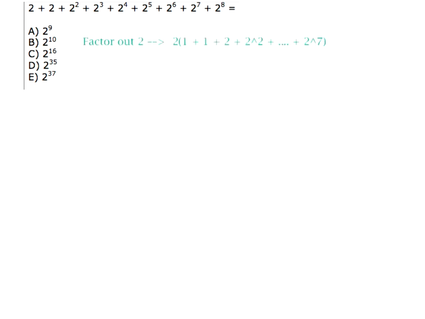So this is a thing. I mean, you can do it. This is a valid step. But once you do it, you're still facing the same situation.